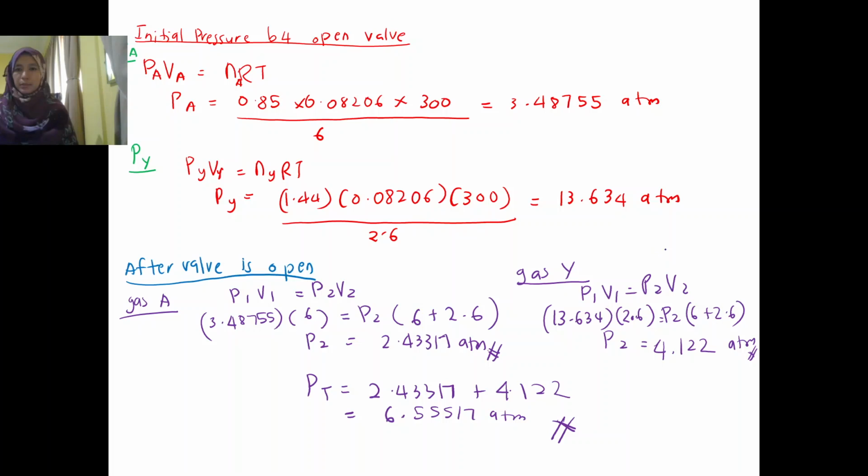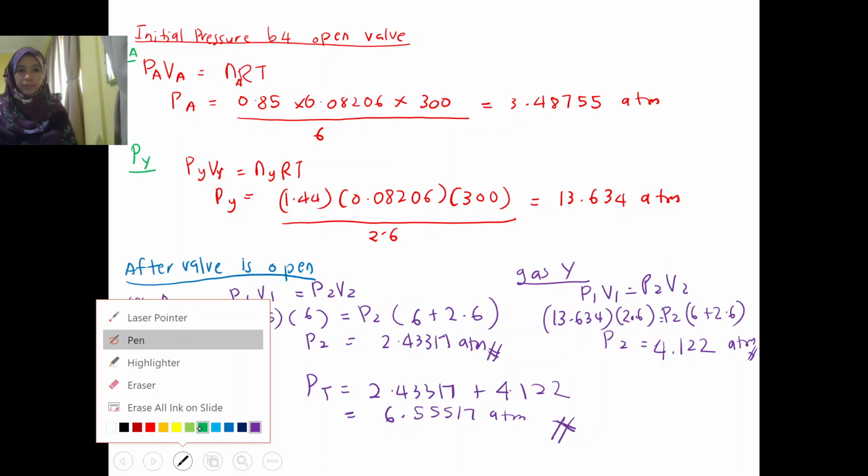Yang ni method yang panjang sikit, okay, ataupun kalau nak cari guna method yang simple, so kita akan calculate dengan P total dulu. Okay, so nanti kita tengok the second method. So ini method 1.